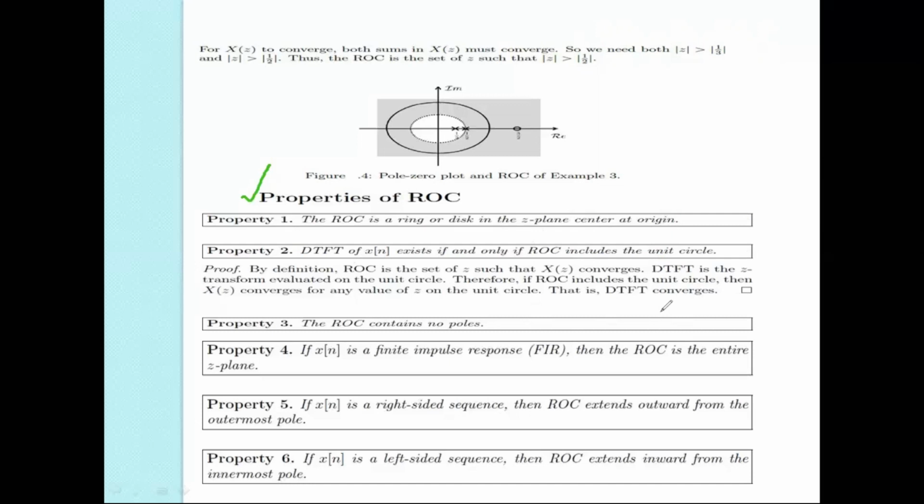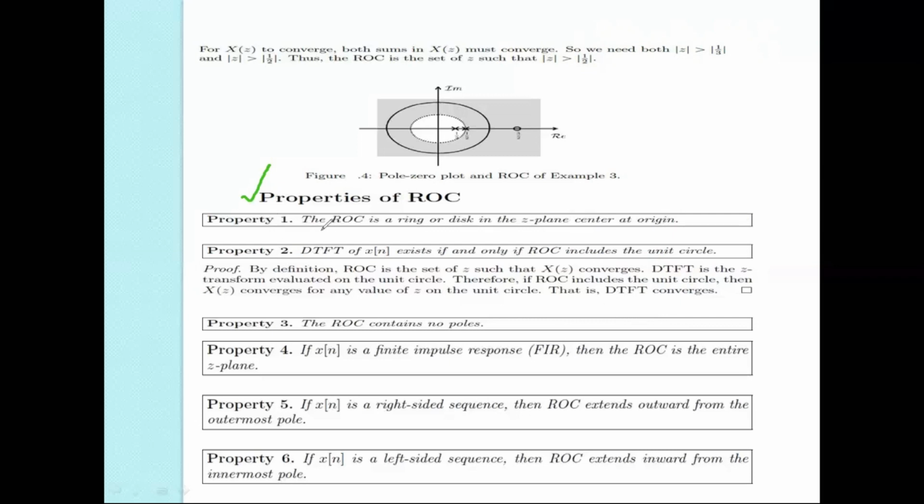This is a direct question: you write some points and you get 3 or 4 marks. It's very important. No need to prove the ROCs when they are given in part A. If they are given in part B, you have to prove the ROCs, the region of convergence, also.